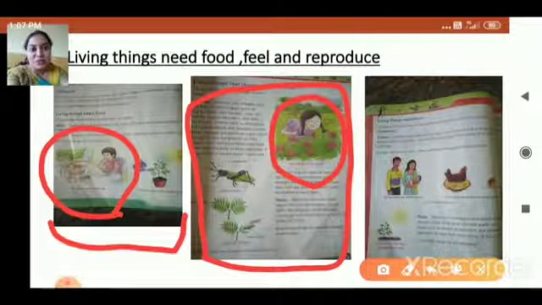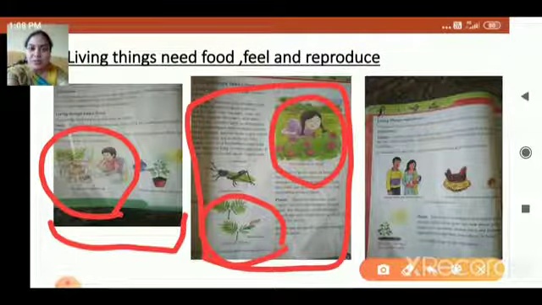That is the Touch Me Not plant. See here, you can feel the sensation for the Touch Me Not or Mimosa plant, where they have the sensation of feeling. Other than the Mimosa plant also, every plant we have around has the sensation of feeling. The only difference is we cannot see the changes as it is seen in the Mimosa plant.